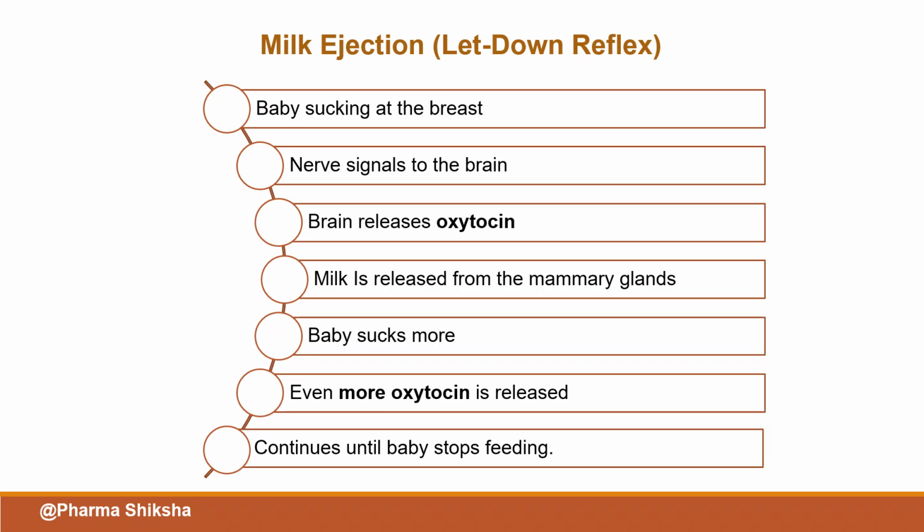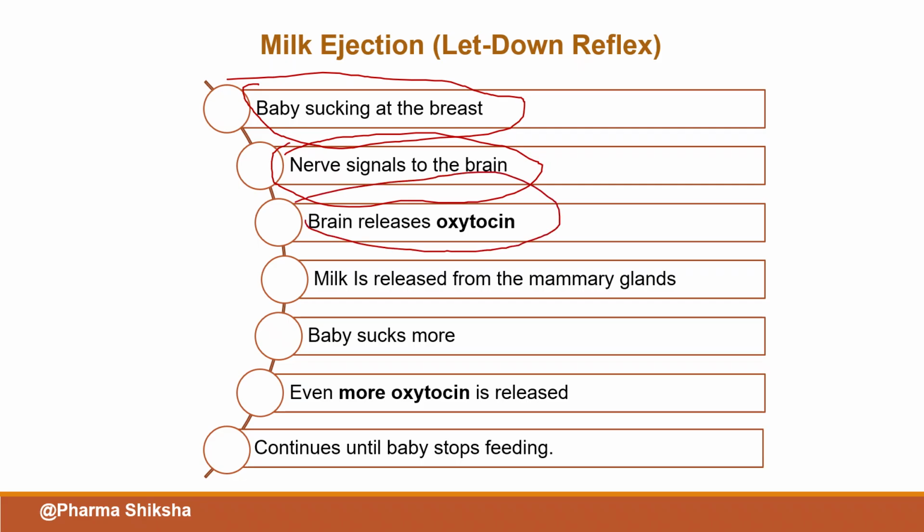Another example for the positive feedback mechanism is milk ejection. Once the delivery is completed, the baby needs milk. For that, the baby will start suckling the breast of the mother. The nerves present in the breast will send the signal to the control center, that is the brain. The brain sends the signal to the posterior pituitary gland. The posterior pituitary gland will start releasing oxytocin, and prolactin is released from the anterior pituitary gland.